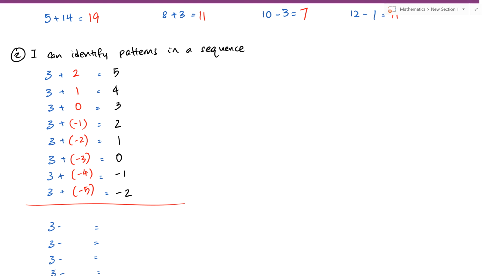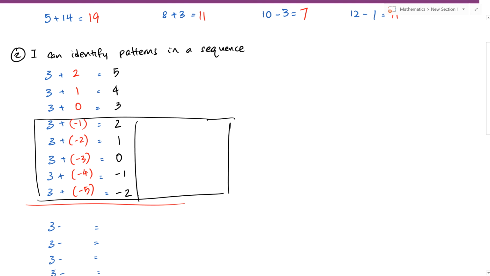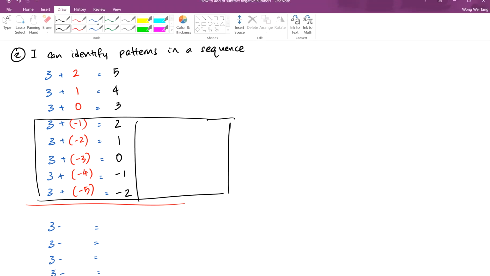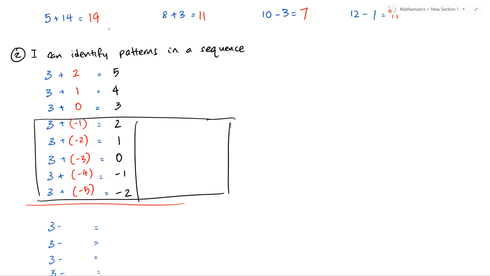But let's take a closer look at these questions over here. If we look closely, we can see that they are equivalent to, for example, 3 plus negative 1 is 2. This is equivalent to 3 minus 1 equals 2.